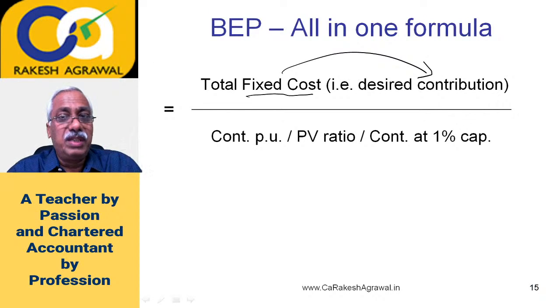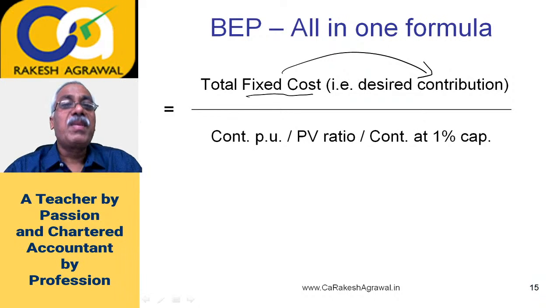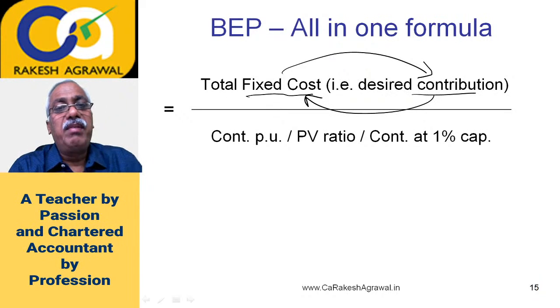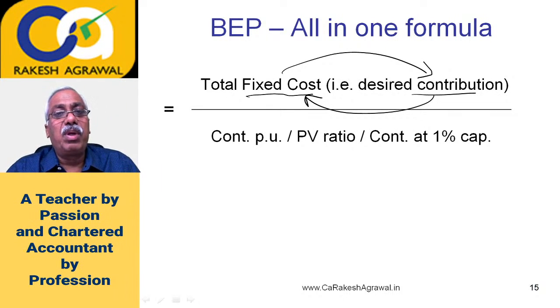If my fixed cost is 50,000, I should earn 50,000 contribution. So 50,000 contribution minus 50,000 fixed cost, my profit or loss will be 0. It means I should earn just sufficient contribution to recover this fixed cost. And we have just now seen few seconds before that at BEP, fixed cost is equal to contribution.